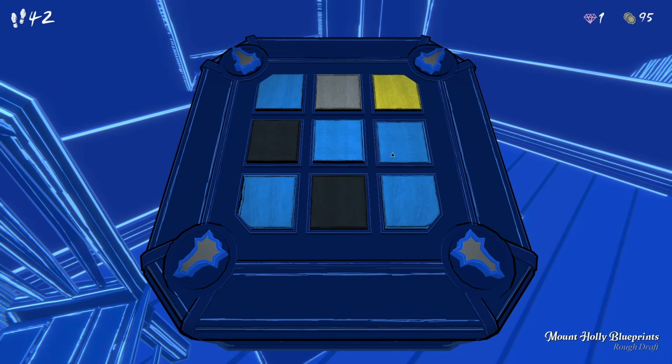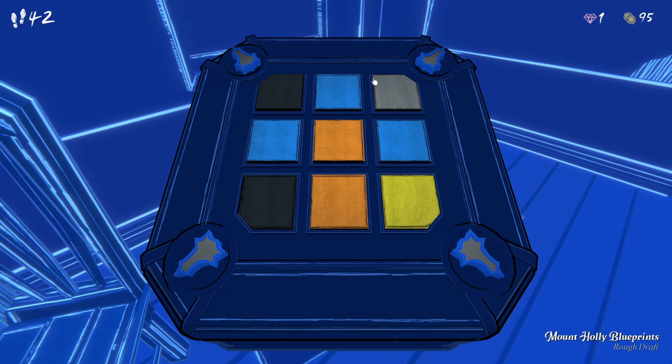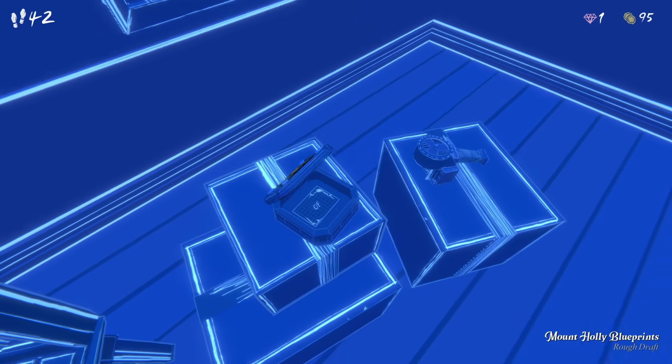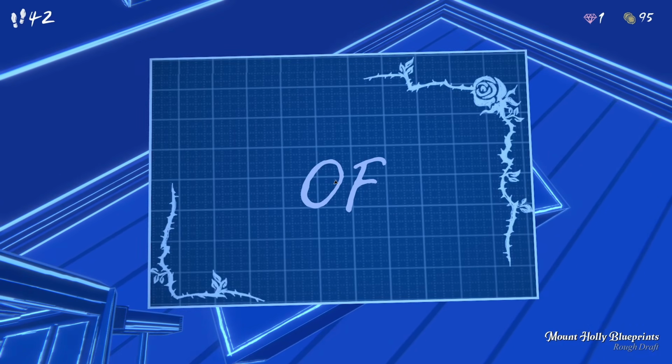Yeah, but they all turn, so it doesn't matter. I need to get one more up there before I send it. So let's do this, this, this, this. There we go. And we are in the spare room.